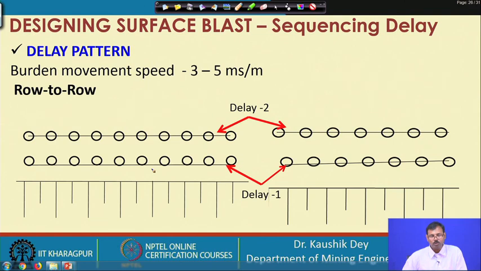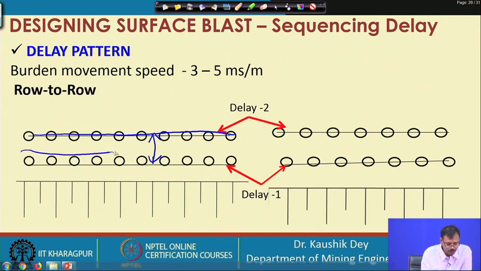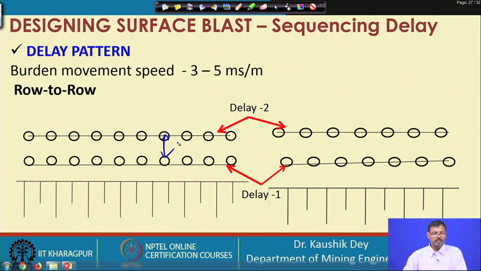The first one is row to row, where a row of holes will be blasted simultaneously, and we have to provide a delay between two consecutive rows, so that prior to blasting of the second row, the first row will be blasted and a new free face will be created at this position. This is the essential requirement. How will we assign the delay between these two rows of holes?